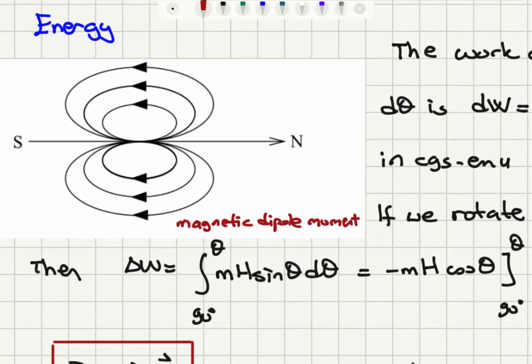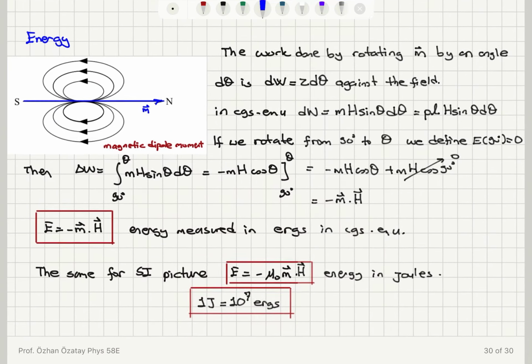And magnetic dipole moment vector here again points from south to north. So this is our magnetic dipole moment. It is defined as the magnetic moment of a bar magnet in the small length limit but finite moment limit. For a current loop, it has to have a small area but finite moment. So you can see the field lines around a magnetic dipole moment in this figure. So here we have this remark.